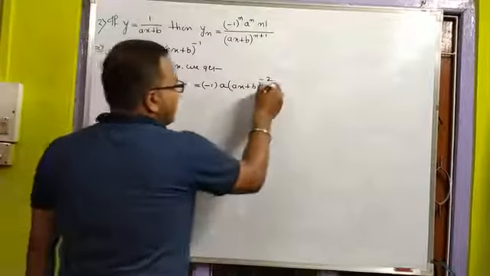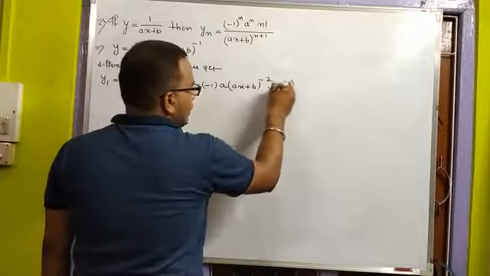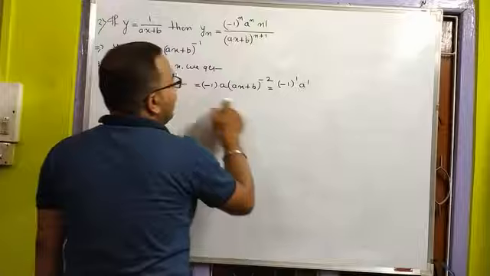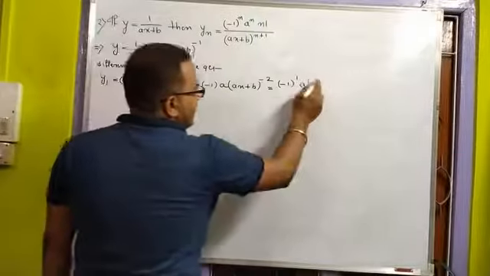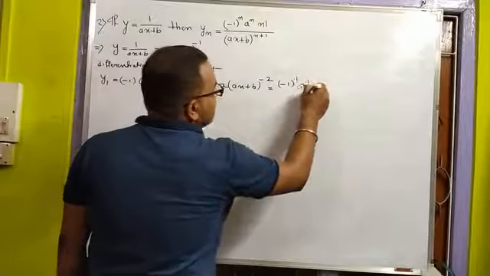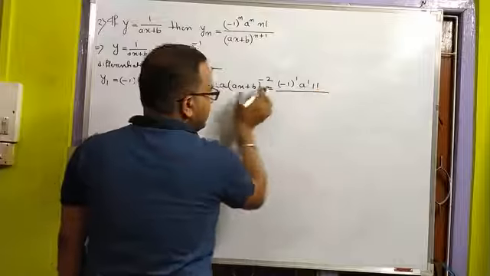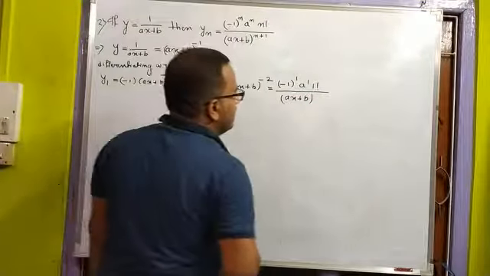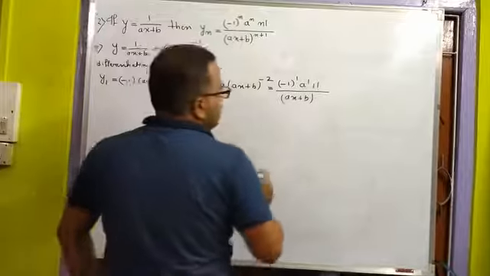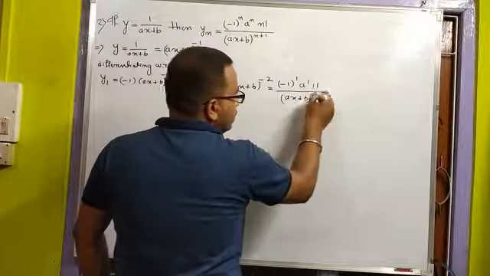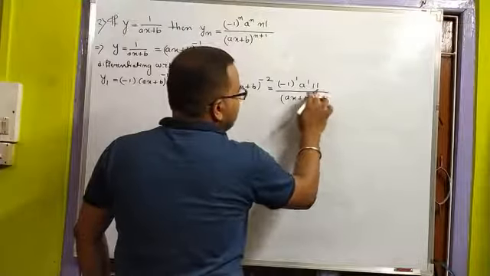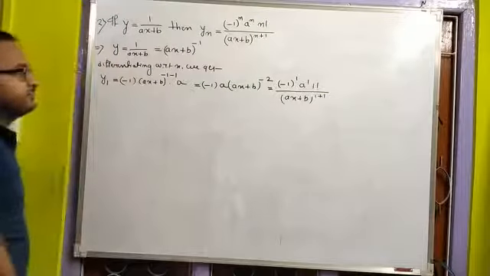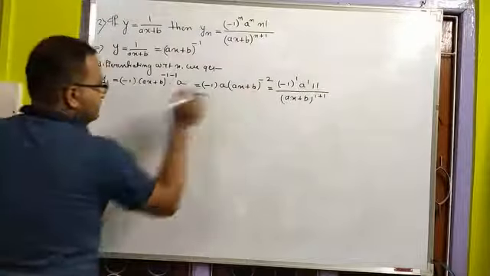Ultimately I can write it as minus 1 to the power 1, a to the power 1, factorial 1, divided by ax plus b whole thing to the power 2, which is 1 plus 1. Now differentiate this term.